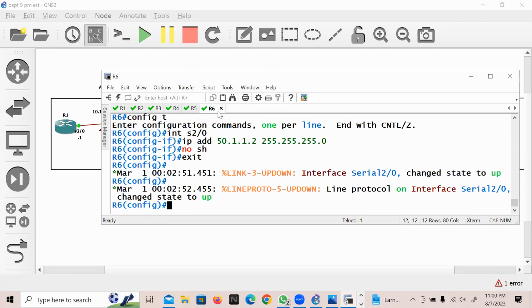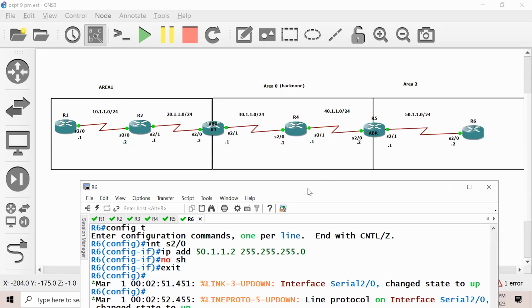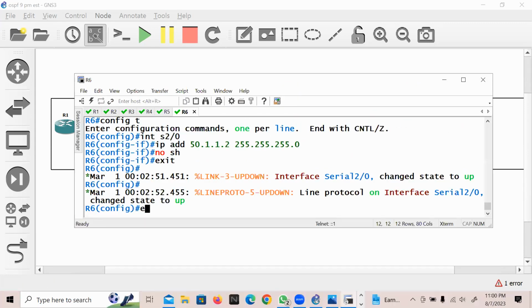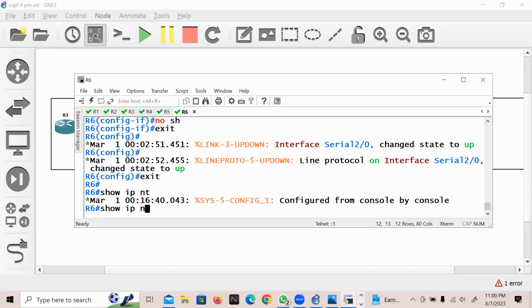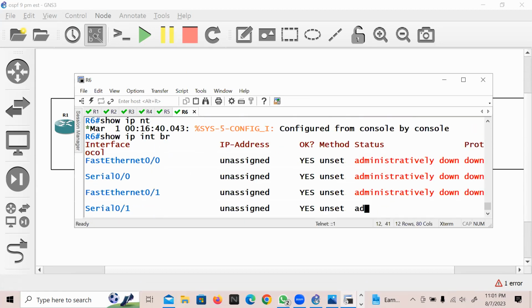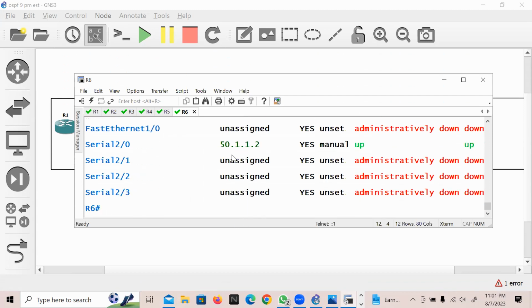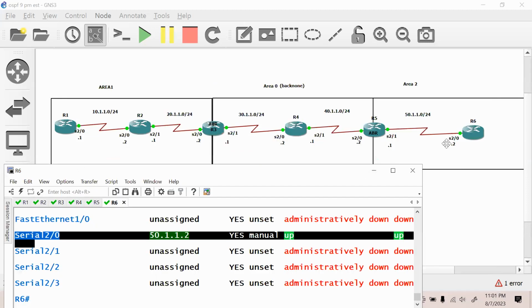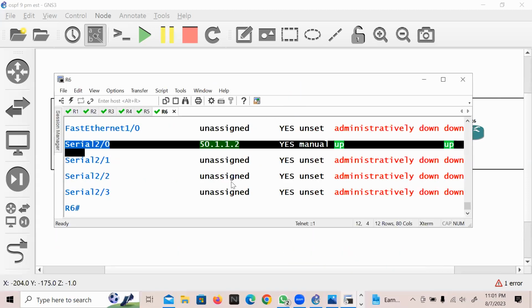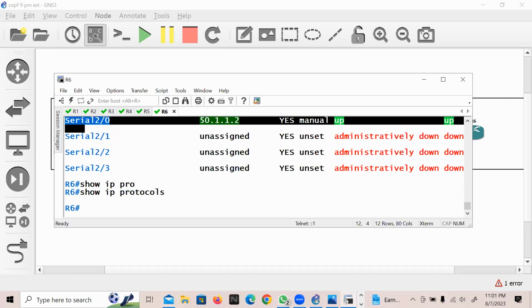Then R6, because on R5 everything is fine. First check interface information. Show ip interface brief. So IP is assigned there. See, serial 2/0, IP is right, 50.1.2. Then check protocol. Yeah.